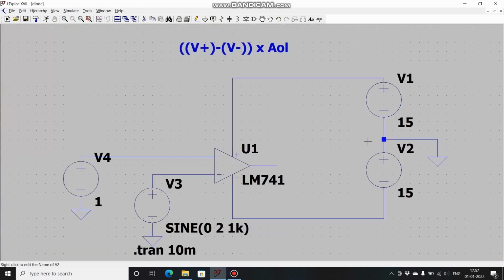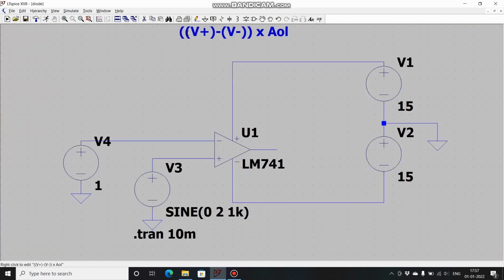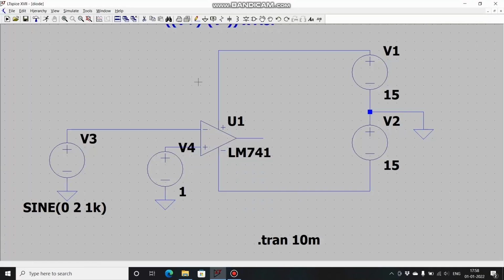Now let's see about inverting comparator. There is a slight change in both the configurations. Now this input signal will be applied to this inverting terminal and this reference will be now set at this non-inverting terminal. So let's make those few changes. This configuration is called inverting comparator.